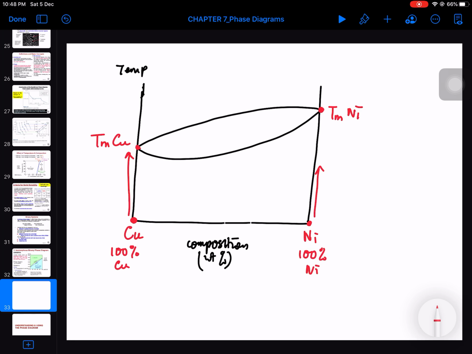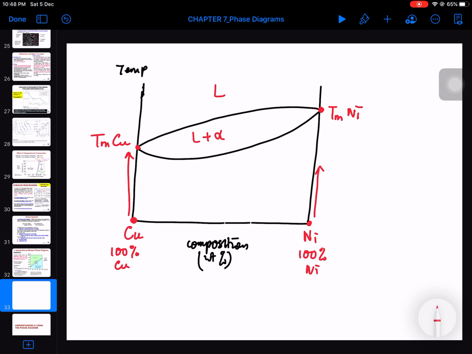Within this isomorphous binary phase diagram, the phases that come on the phase diagram, the top one is the liquid. It occurs at higher temperature where everything is now melted, so it's in liquid state. The middle section is for liquid plus alpha, which means it's the transition during the solidification process.